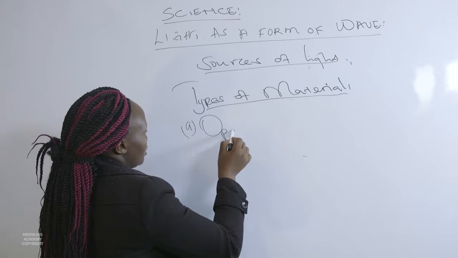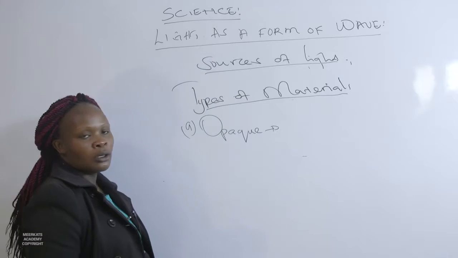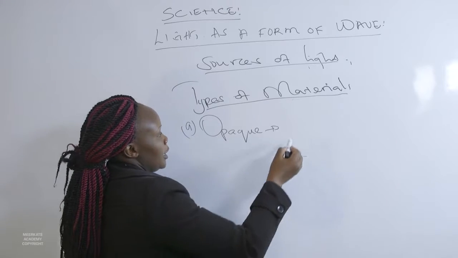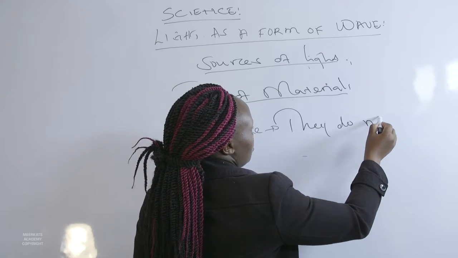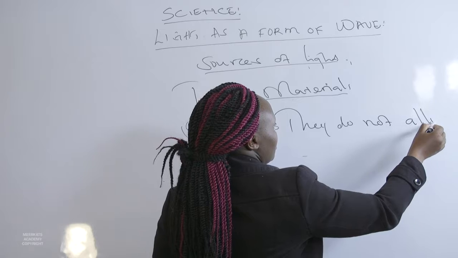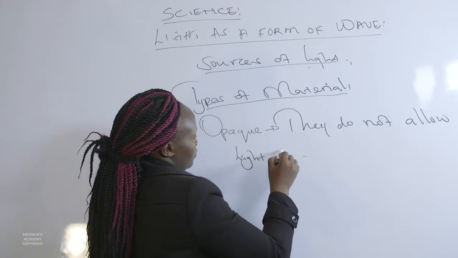opaque. We have what we call opaque objects or materials. They do not allow light through them at all.